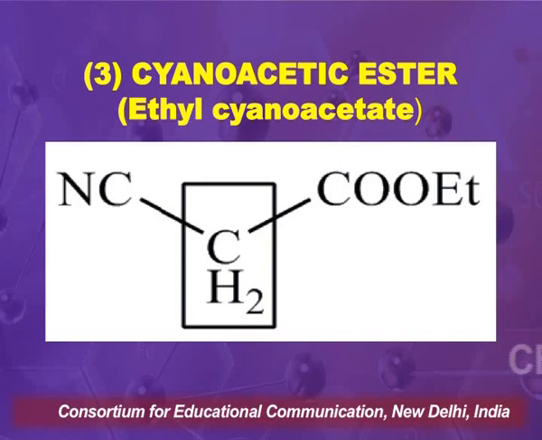Both these groups, the ester and the cyano, which are the electron withdrawing groups, are sandwiching a methylene group, which is again a reactive methylene group. This compound is another example of a compound having a reactive methylene group.